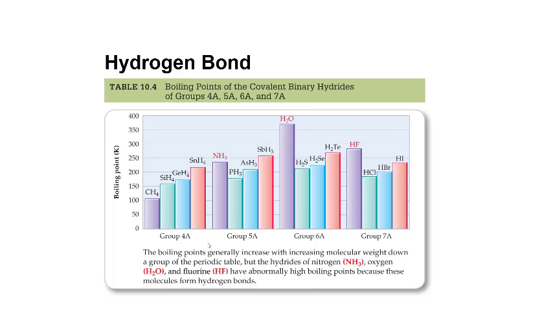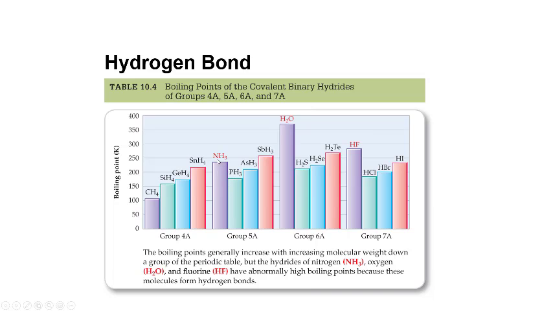Okay, and so if we take a look at the boiling points of several different compounds going down a specific group, so CH4, SiH4, GeH4, SnH4, and then NH3, PH3, AsH3, SbH3, et cetera, we can take a look at the boiling point for each of our different groups.